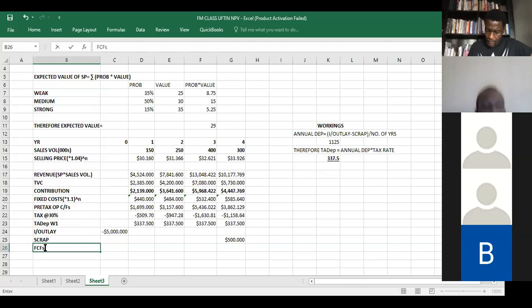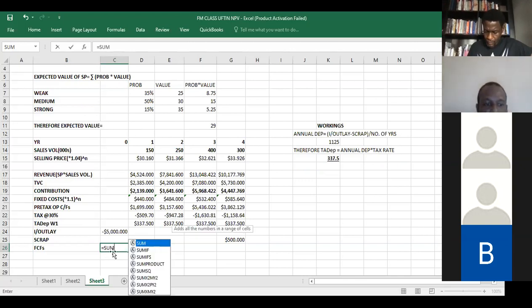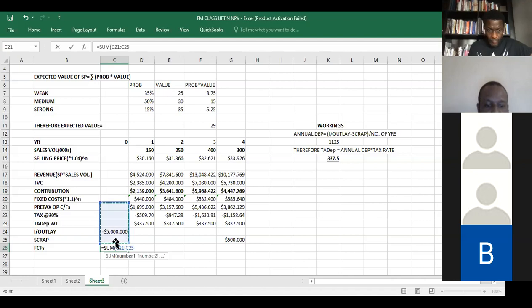So our free cash flow is equal to the sum of all of them, from our pre-tax operating cash flows, dragging to our scrap.